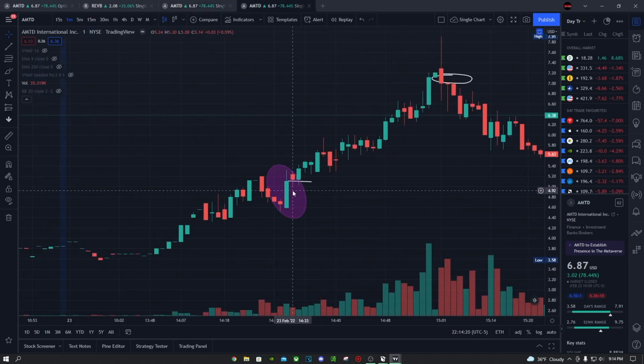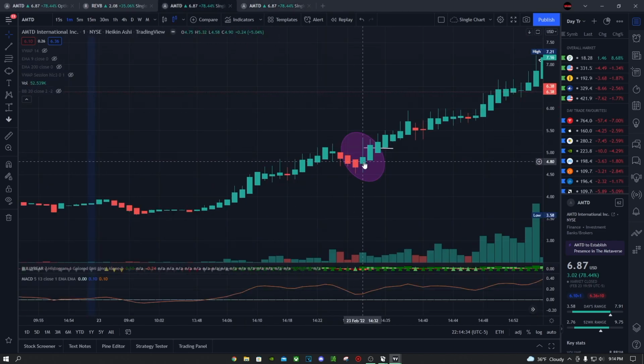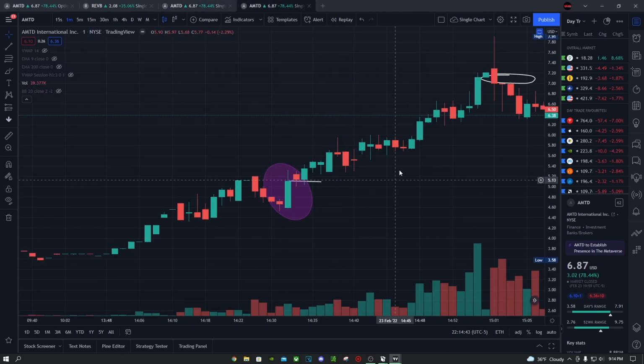This candle looks very different. On the Heikin Ashi, the price opened at $4.59, high of 5.32, and closed at 5.11. If we look here, it opened at 4.75, high of 5.32, closed at 4.90. So this is the actual price on a regular candlestick of what the price action is doing.